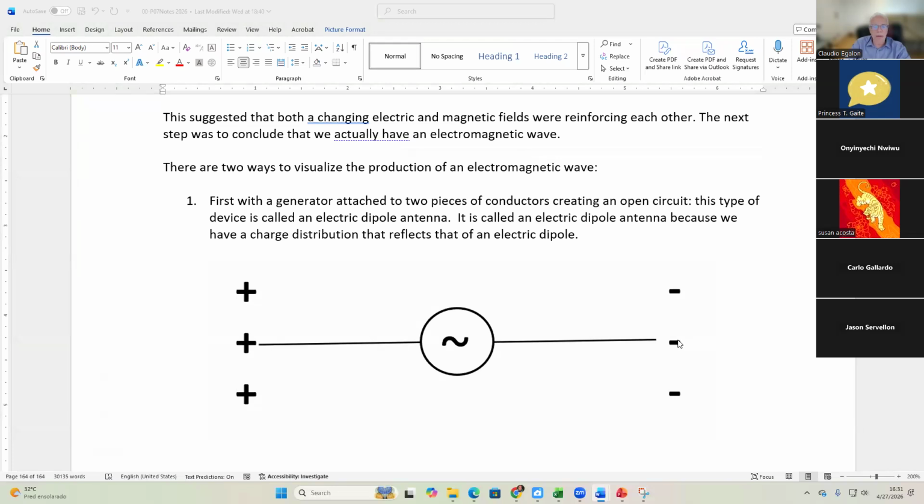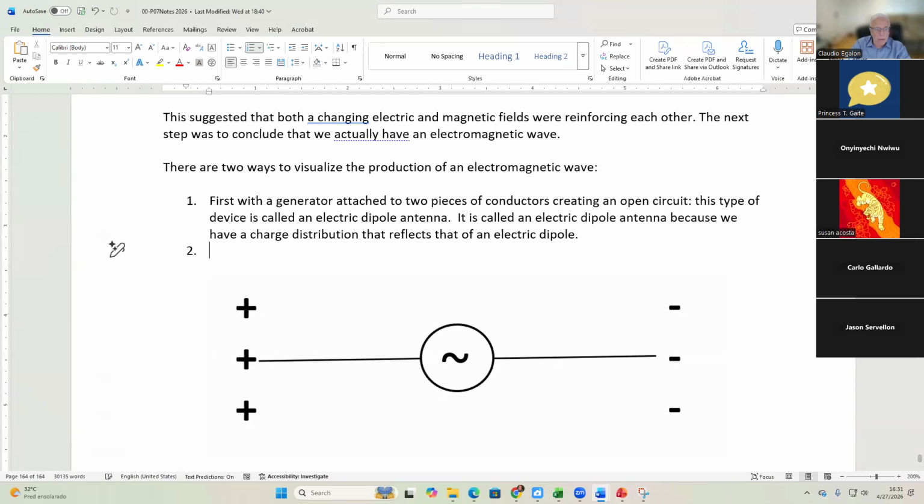This generator can be thought of in terms of an electric dipole, but it can also be thought of in terms of a magnetic dipole, because there is current flowing back and forth here. Okay, so here we go.